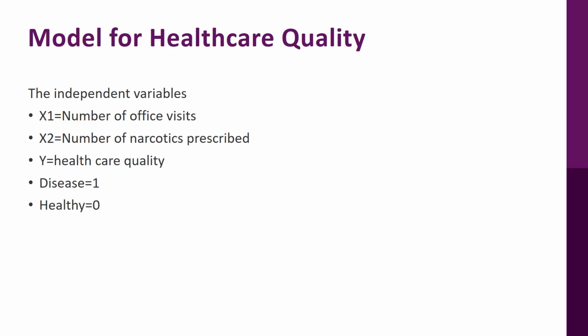Suppose that we use two independent variables based on the historical data that we have, which include the number of office visits and the number of narcotics prescribed. And what we want to predict is the healthcare quality, or if the person is diseased or is healthy. If they are diseased, we would denote that as 1, or the positive class. And if they're healthy, we would denote it as 0, or the negative class.